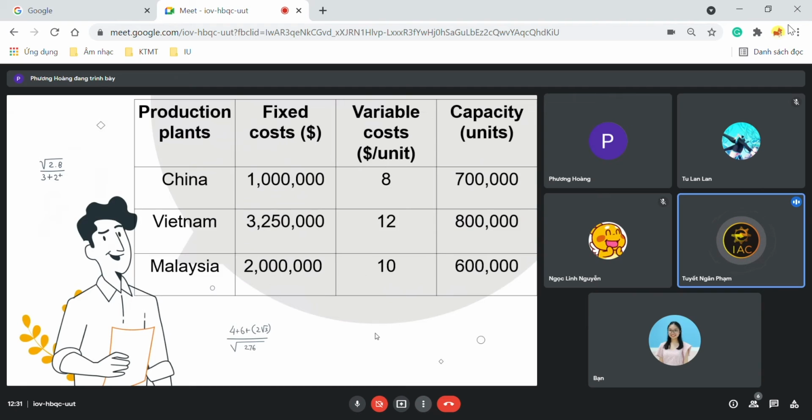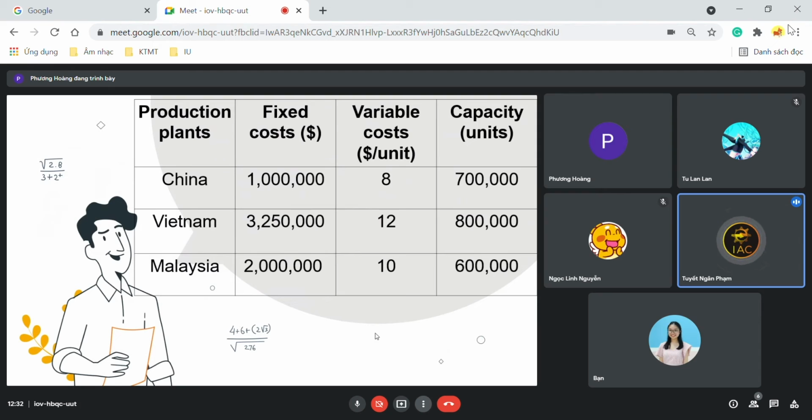And as for the plants, we have a total of three plants: China, Vietnam, and Malaysia. Their fixed costs are $1 million, $3 million, and $2 million for Malaysia.